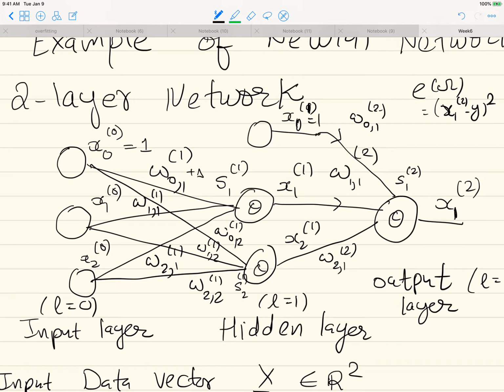Then you look at how big the difference is. Let's say you get some E prime once you perturb with this particular modification, with all the other weights fixed, the same as before. You just add a slight change here. So using E and E prime, how will you estimate the derivative?